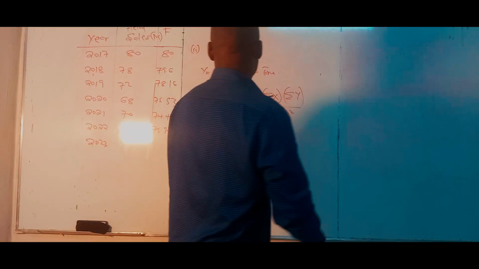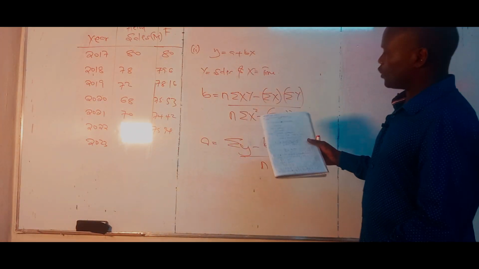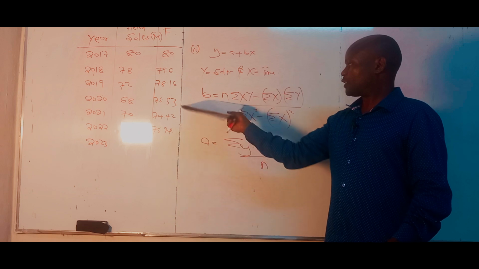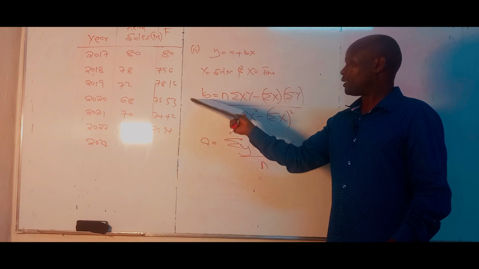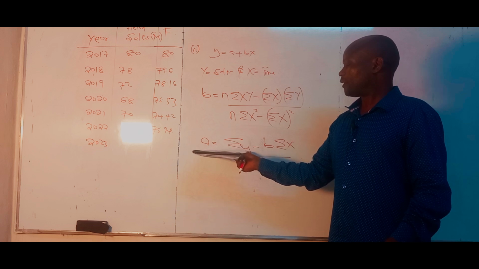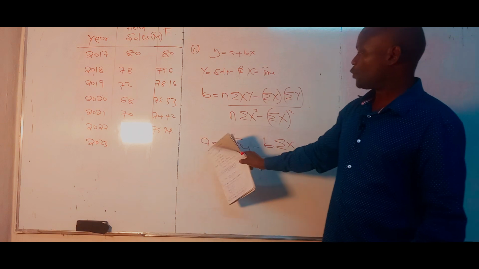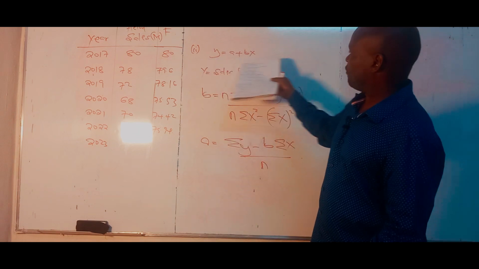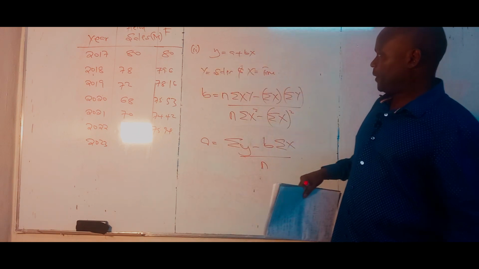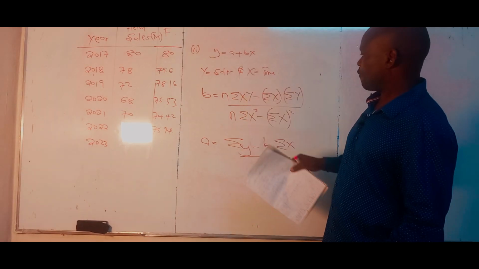So if we are able to estimate these constants, where this is the slope parameter and this is the intercept, then we can completely specify our equation. But then, how do we get summation of xy?